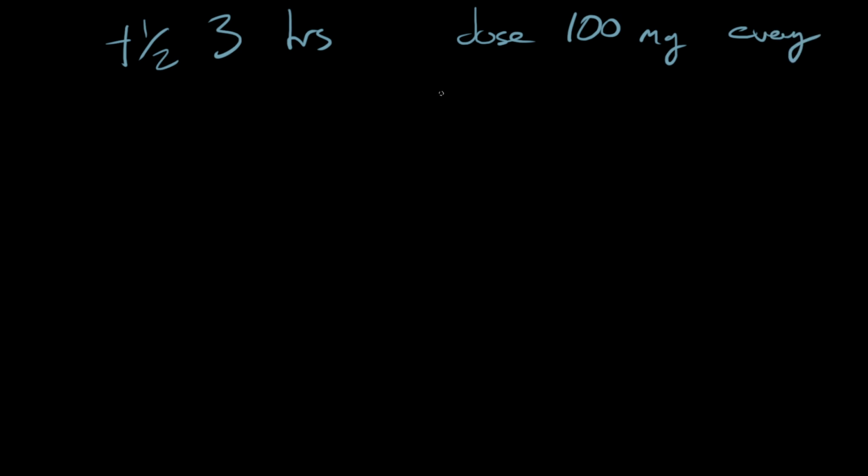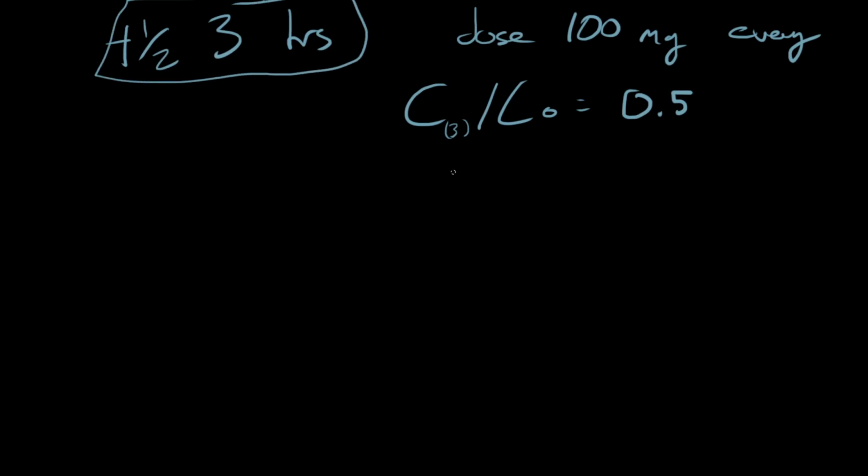The ratio between the concentration at 3 hours and the concentration at 0 was 0.5, which makes sense because half of the drug is gone at 3 hours because it has a half-life of 3 hours.